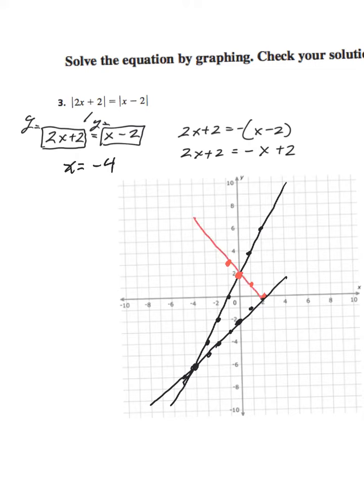What's the intersection point? 0, 2, right? So if the intersection point is 0, 2, what's the value for x? 0. So the two answers are -4 and 0. All right?